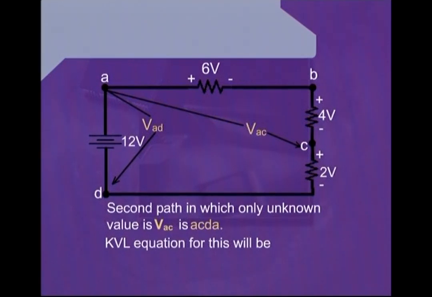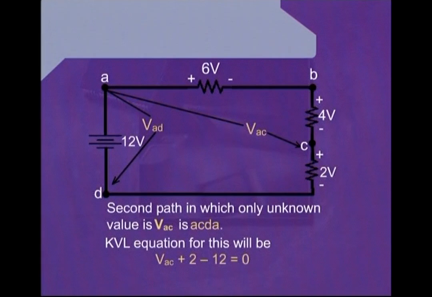Therefore, we write plus VAC. Plus sign depicts that the terminal which is towards the point A has been considered as a positive terminal. Next, we go through this VAC source and reach at the point C.